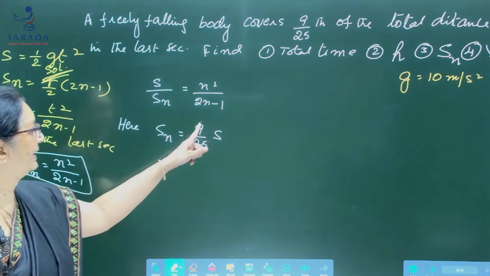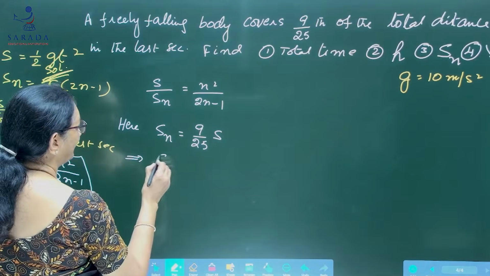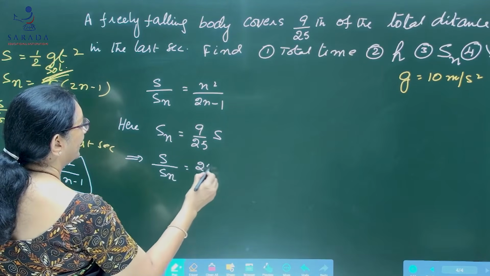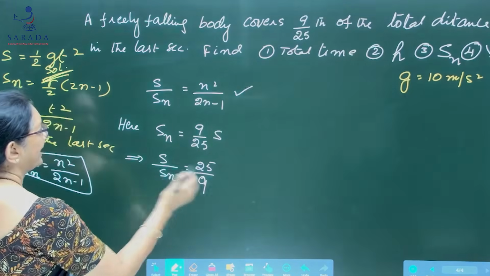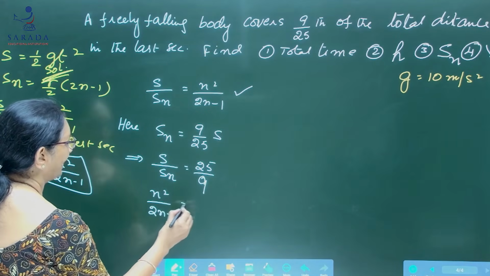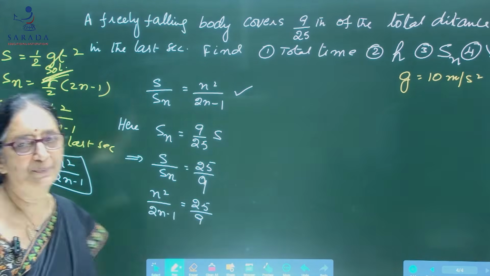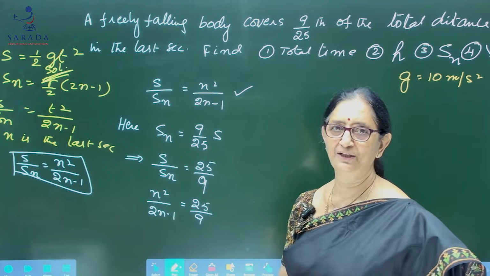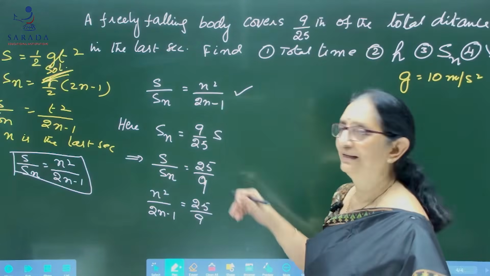Yes, Sn is given as 9/25 of S. From this, applying cross multiplication, S by Sn is equal to 25 by 9. But from this equation, S by Sn is n square by 2n minus 1, so n square by 2n minus 1 is 25 by 9. If you just apply cross multiplication, you get a quadratic equation. On solving that equation, you can find n, from which you can find out the total time.